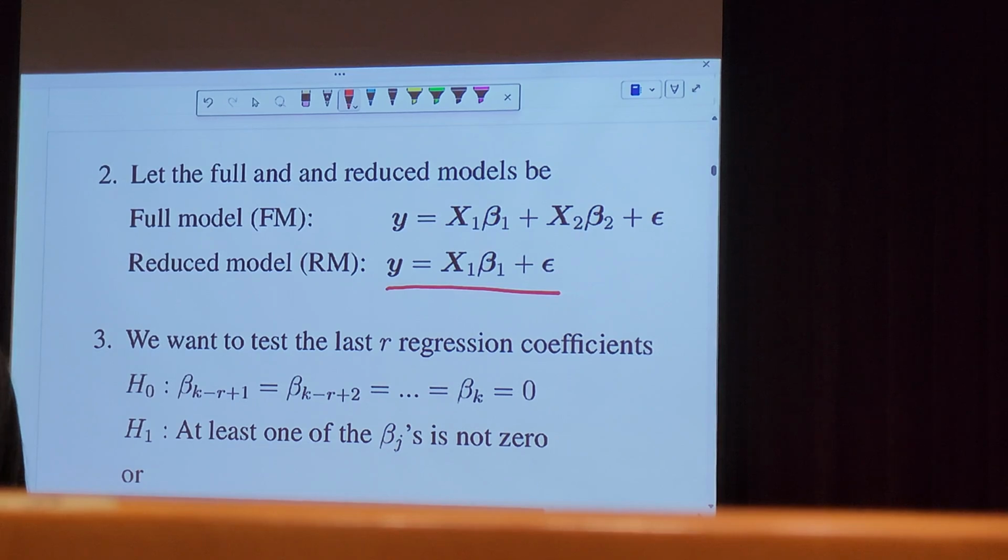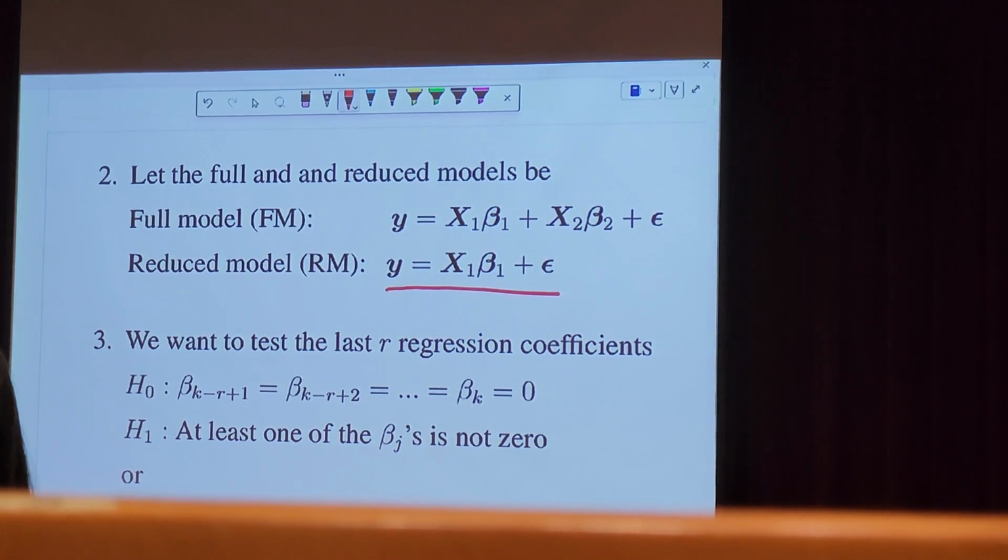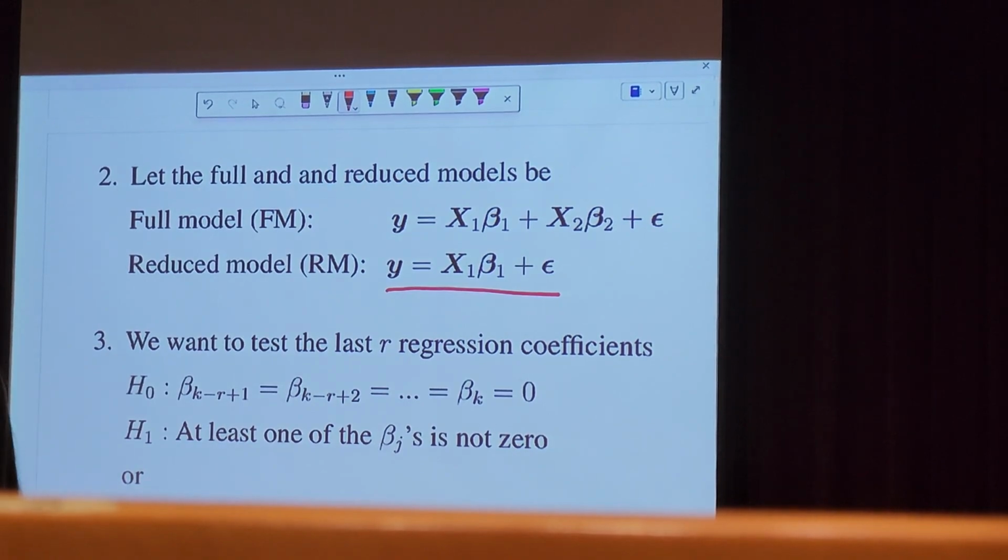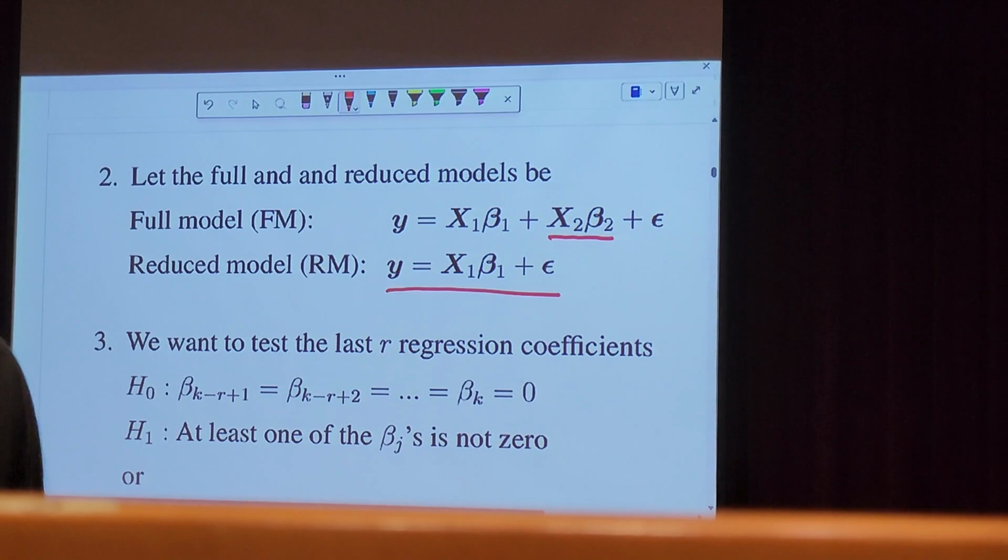We have this smaller model called a reduced model, and then we want to investigate whether we should add some more regressors to the equation or not.